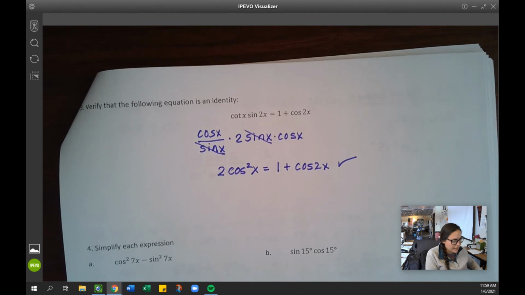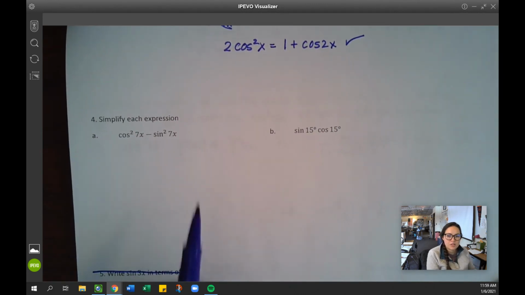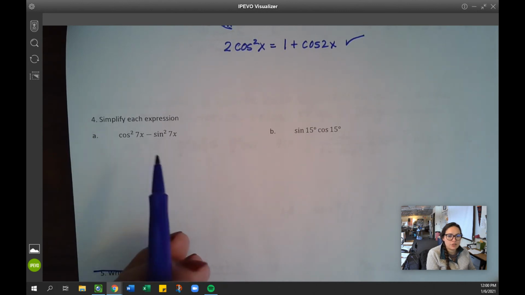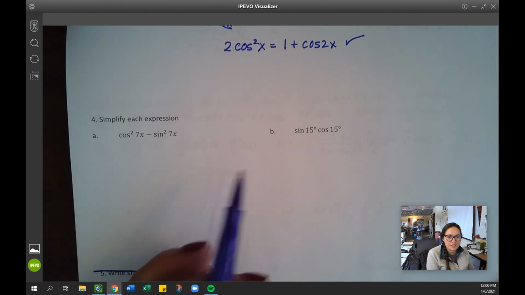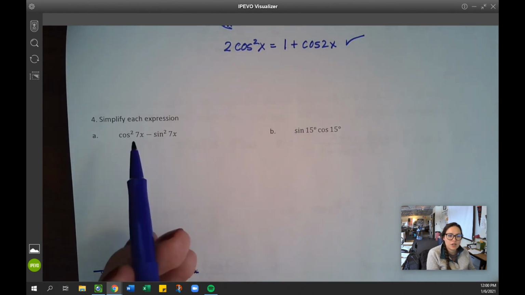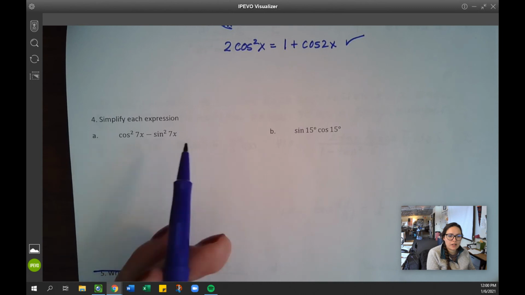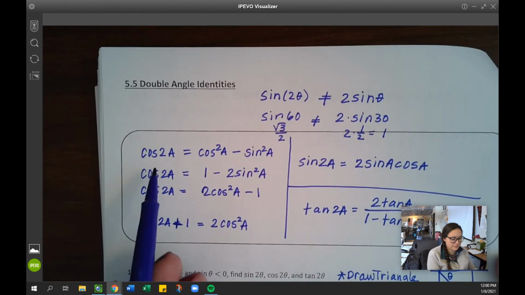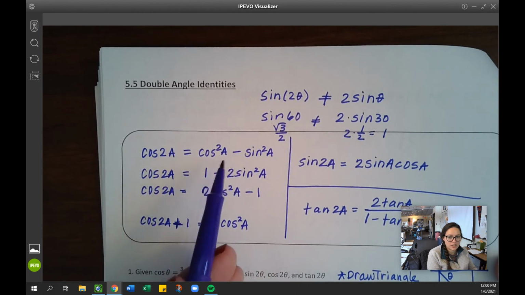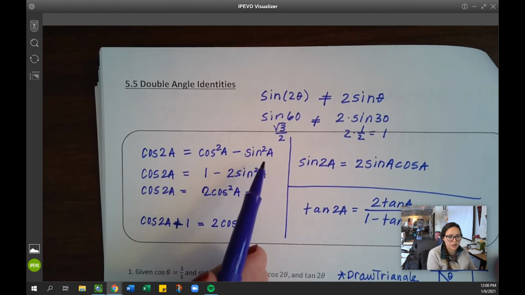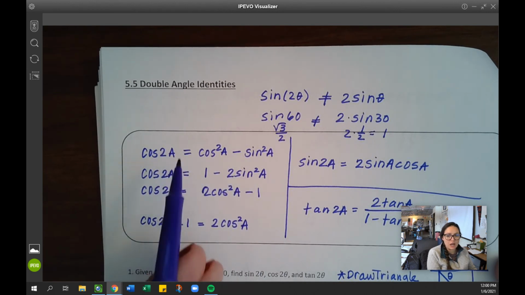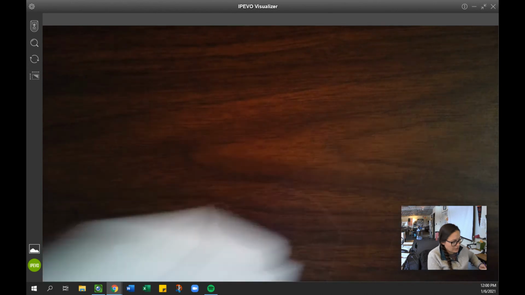All right, last couple here. So for these ones, this is trying to get you to recognize what the different identities are. So if I have cosine squared minus sine squared, that's this one right here, cosine squared minus sine squared. So this is equal to the cosine of the double angle. So let me just rewrite that.